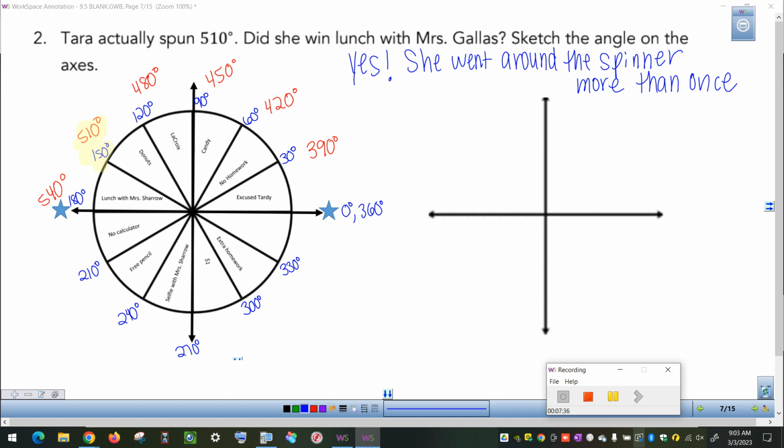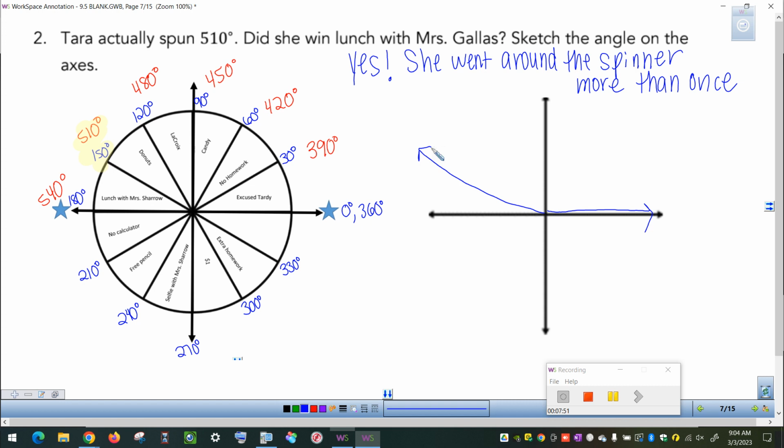So that 510 degrees actually has the same terminal side as the 150 degrees. And so the way that we can sketch that picture here is we're still going to show our initial side in the same place. The terminal side is still going to be in the same place. That's representing the Lunch with Ms. Sharrow prize.